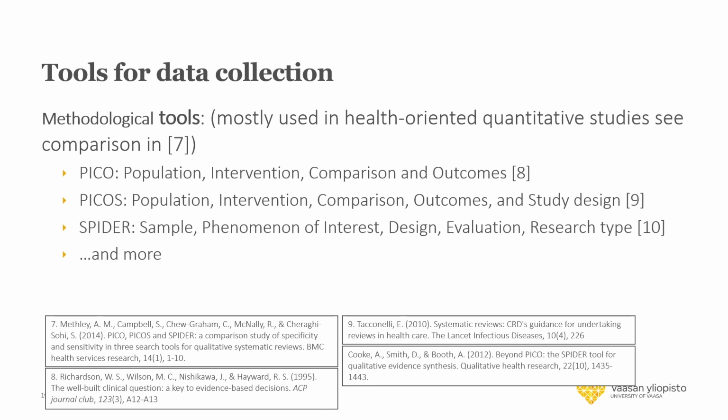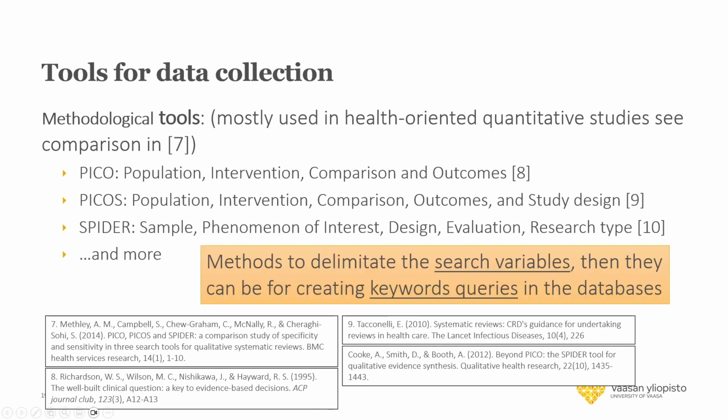There are different types of processes, for instance, PICO, PICOS, SPIDER, and so on. The main idea of this is how to create a selection of variables that you're going to use for searching articles. I'm going to show you one example later.